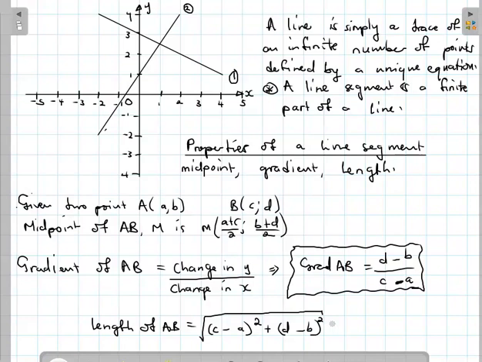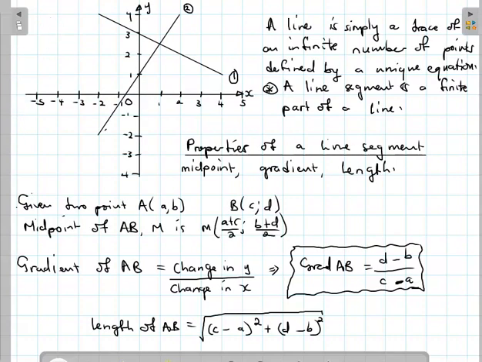So for these lines that we just drew here, for line 1, okay, let's go to the next page. Right, let's look at our lines. The end points of line 1, and we have line 2. Let's go back to our diagram.